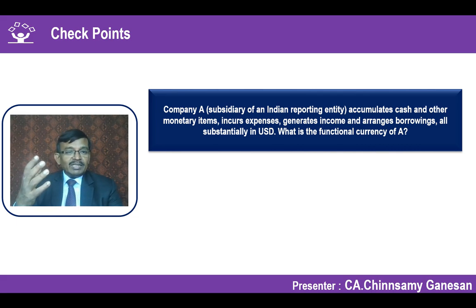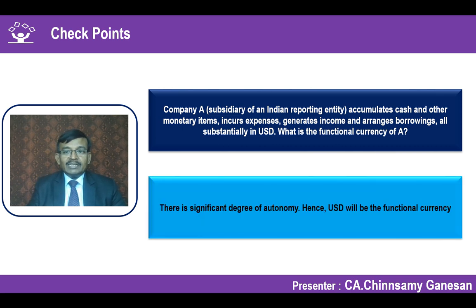Suppose it's not distributing any dividend, no cash flows will come. So that additional indicator is also not impacted. Whether it has sufficient cash flow generated on its own, yes, it was even able to arrange borrowings on its own in US dollar, and accordingly the functional currency will be US dollar. So all the four parameters are given.